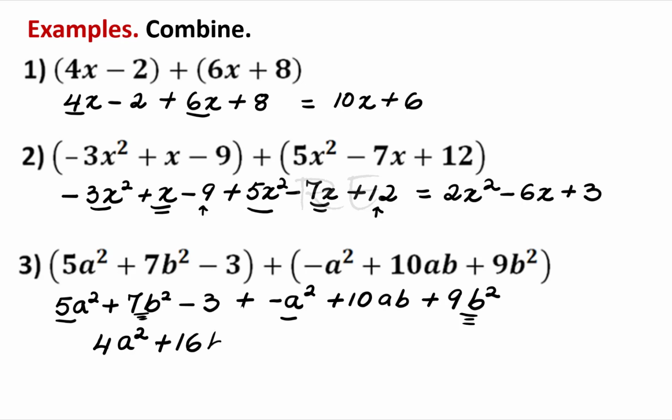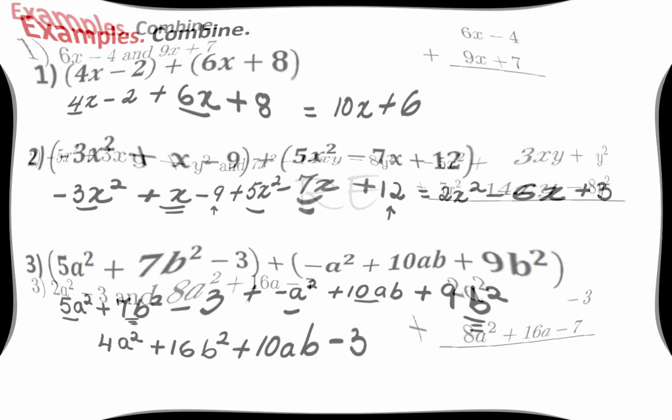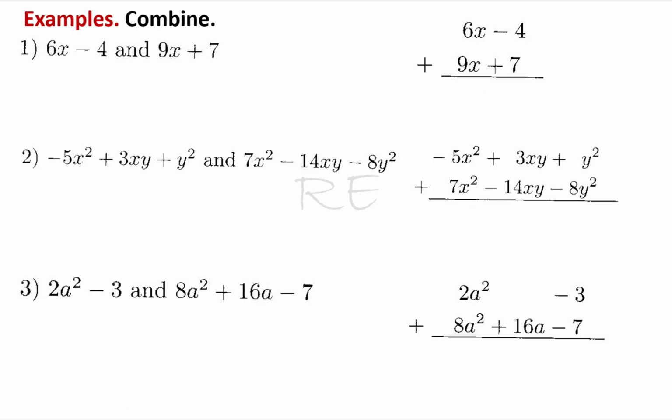Positive 16b squared. 10ab is left by itself. There's only one of them. 10ab. And negative 3. We can also combine polynomials vertically.